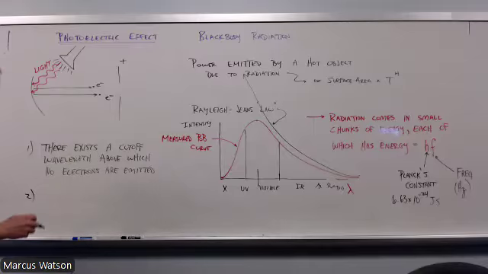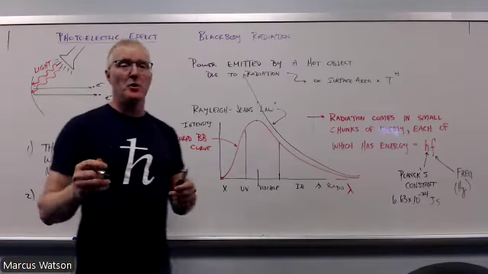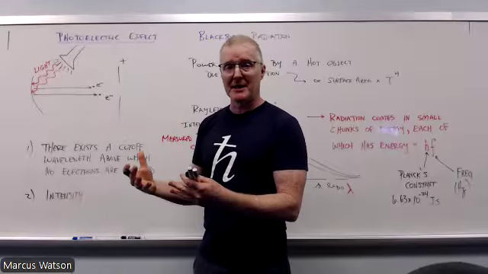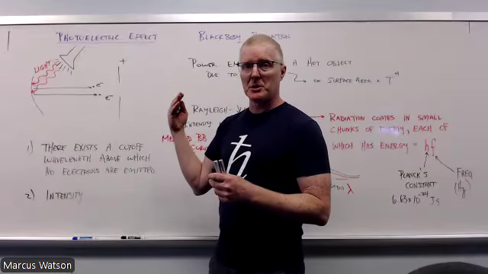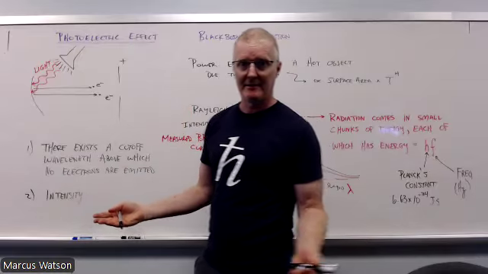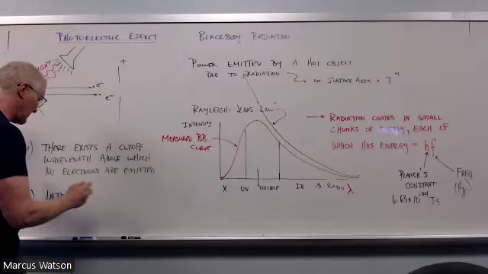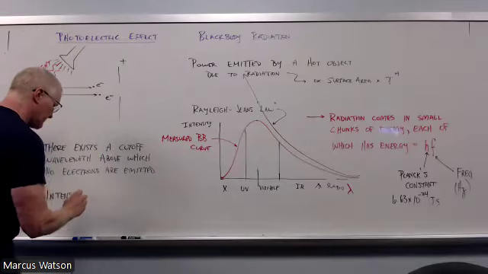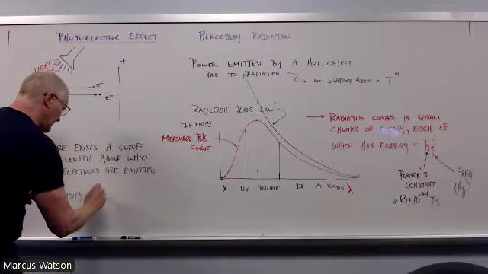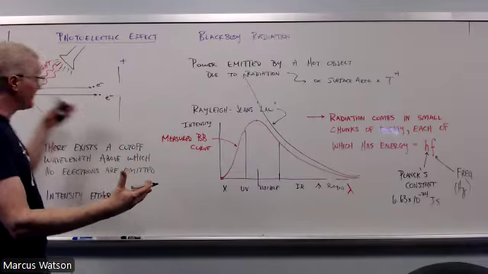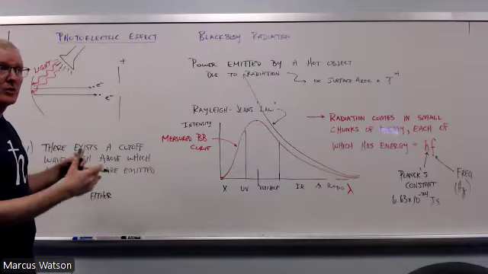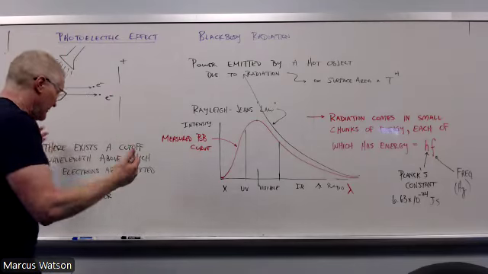So our second little factoid here is that the only thing the intensity does, if you are in the region where electrons are getting emitted, is that it will emit more. If you are outside of the region where electrons are emitted, it won't do anything, which is really strange from a wave perspective, right? So intensity either changes the amount of current that's leaving the metal, or if there isn't any, then it doesn't do anything.